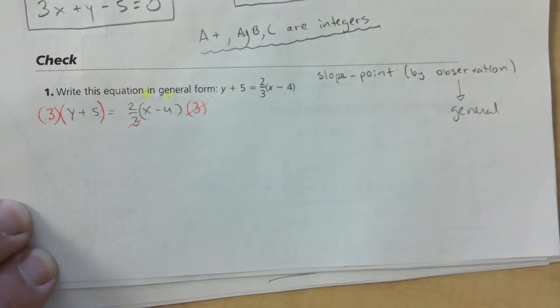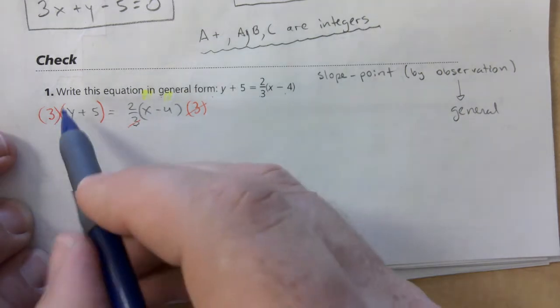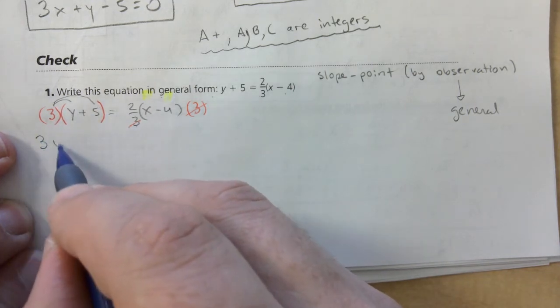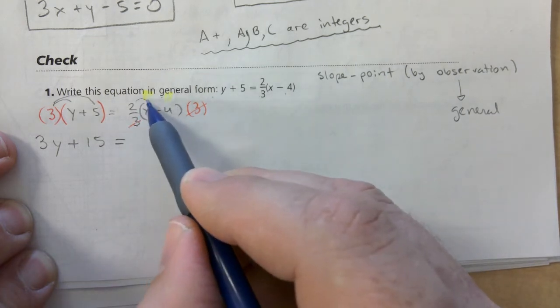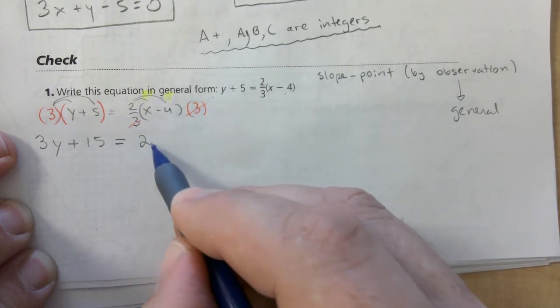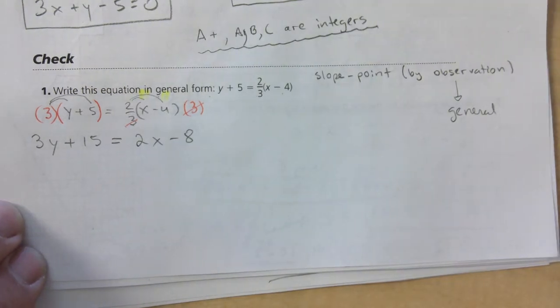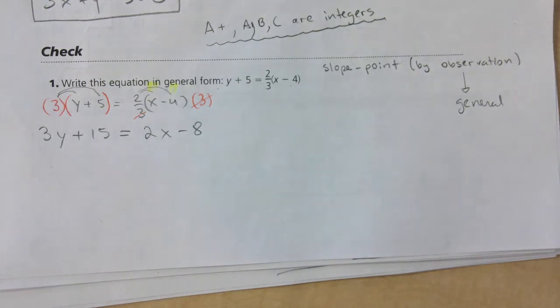It's 1 basically. It's not like it's gone, but 3 divided by 3 is 1, right? And then you distribute. So this is 3y plus 15 is equal to, you distribute as well, 2x minus 8, just like that. If I see a fraction, get rid of it right away. Multiply both sides by the denominator, and then you're good to go.